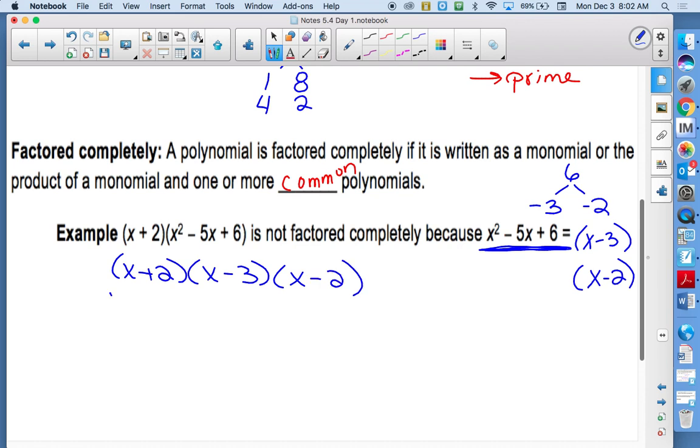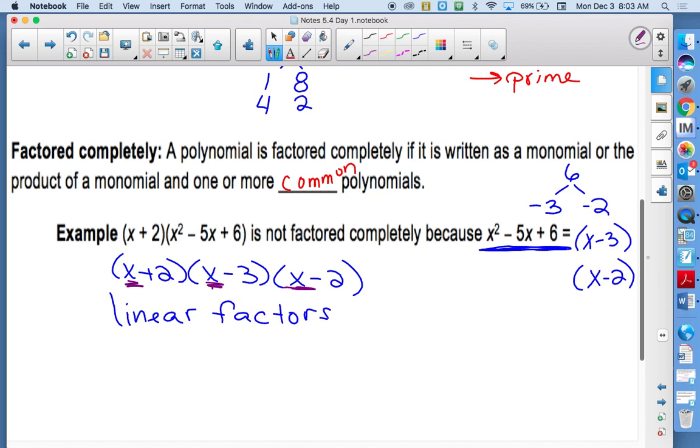These are called linear factors, because the value inside is only an x. It's no longer an x with a power. That's when something's factored completely. So if you have linear factors, it's factored completely.